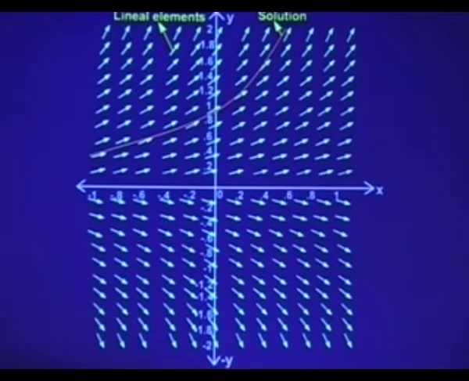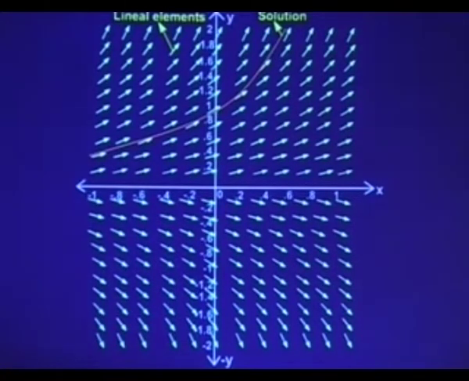This graphical method, this direction field, we can draw by hand, or nowadays computer software is also available to draw these. But before the invention of computers, as this method was invented in the early 18th century, this was done by hand only, and here we will learn to draw the direction field by hand.